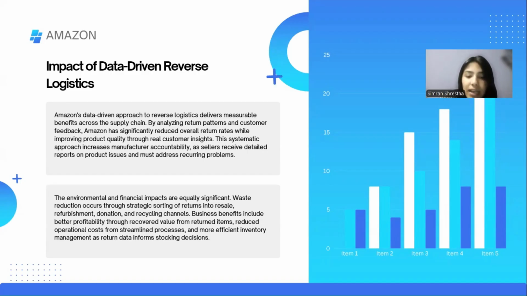Third, it increases the accountability among the sellers and manufacturers as they are directly informed about product performance and customer dissatisfaction. From an environmental perspective also, this system reduces waste by ensuring that returned products are reused, refurbished, donated, or recycled instead of simply discarded.